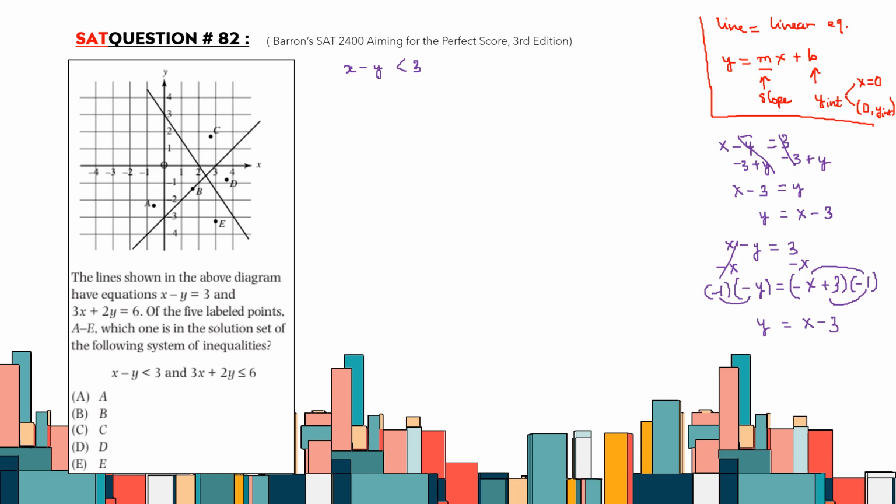So we just need to add y to both sides, then subtract 3 from both sides. This isolates the y, so we have y is greater than x minus 3.